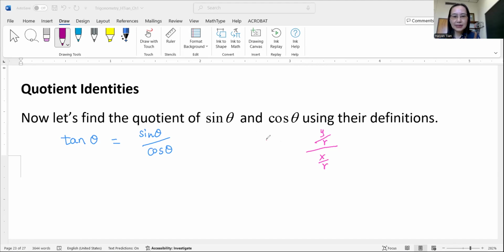So you see the sine over cosine. Here, x, y are the coordinates of a point on the terminal side of theta. So we know the meaning in this expression. So xy is simply a point on the terminal side of theta, right?